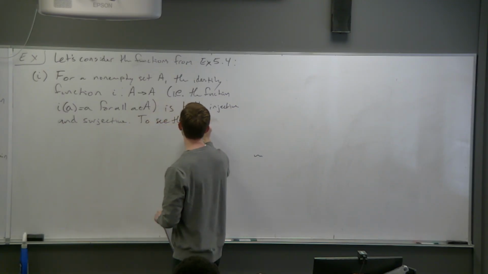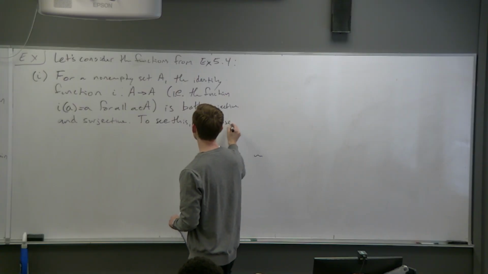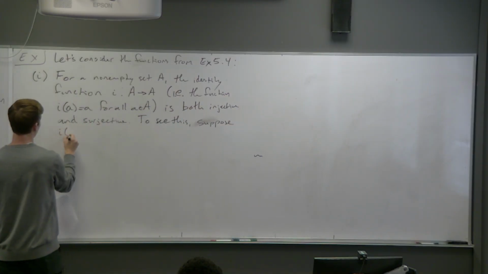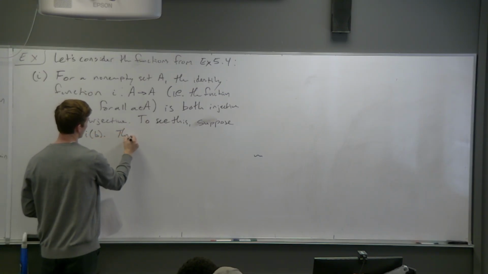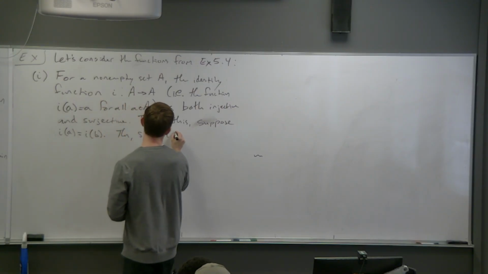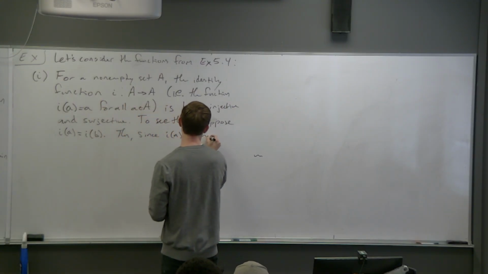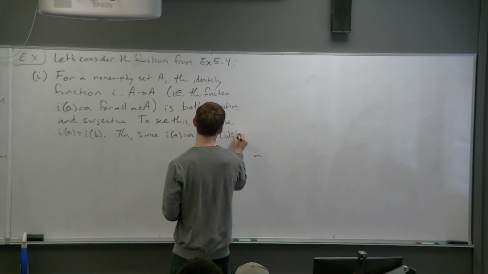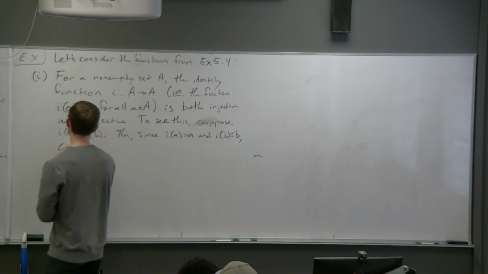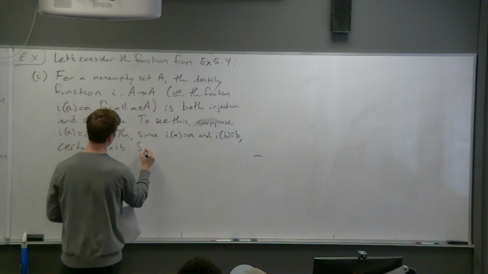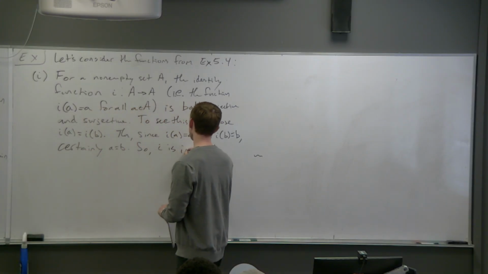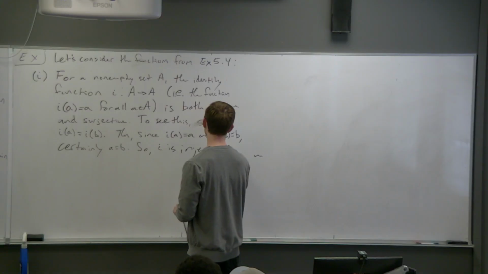suppose I of a equals I of b. Then, since I of a equals a and I of b equals b, certainly a equals b. So I is injective.